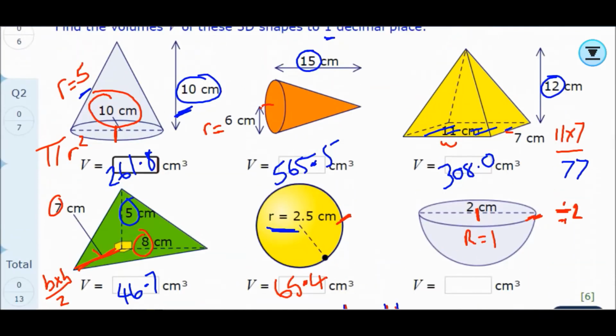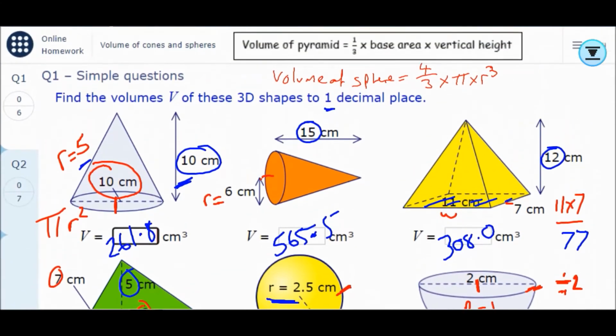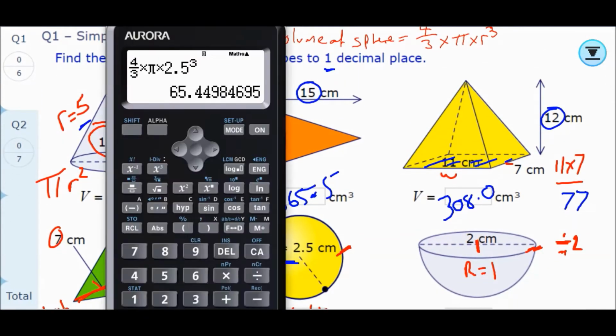And the last one, using the same formula again, but this time all I'm going to substitute in is my radius of 1. 4/3 multiplied by pi multiplied by 1 cubed gives me 4/3 of pi, which gives me 4.18879, and so on.